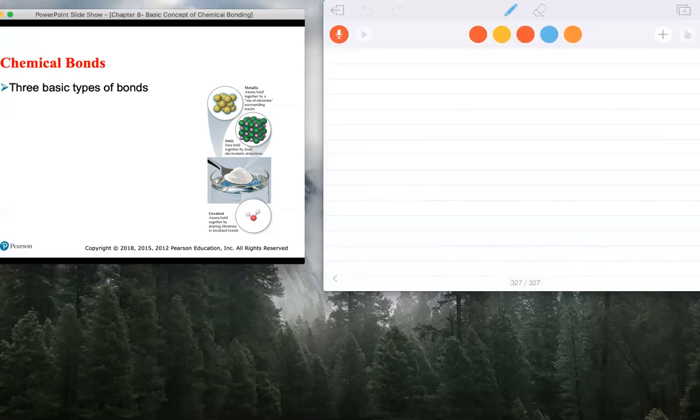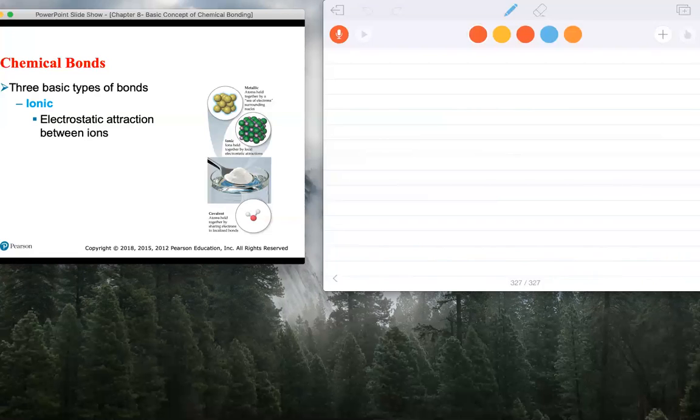we have what we call ionic bonding, and ionic bonding is force of attraction between two ions. You should know what ions are, positive or negative. Remember, cations and anions, all right? Negatively charged and positively charged.